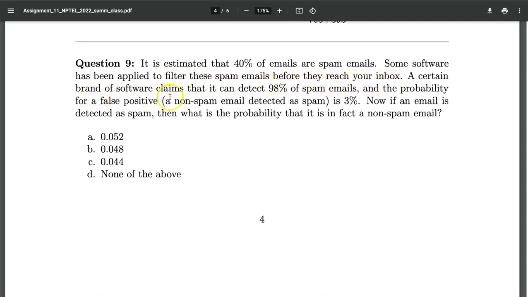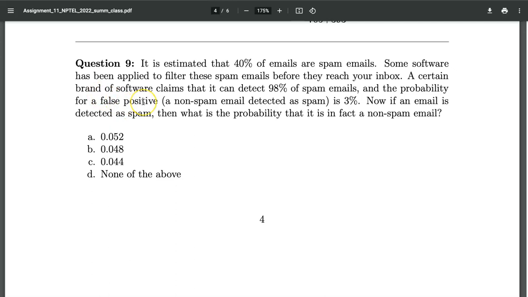A certain brand of software claims that it can detect 98% of spam emails, and the probability of false positive. So what is false positive? Here the positive class is detecting something as spam.